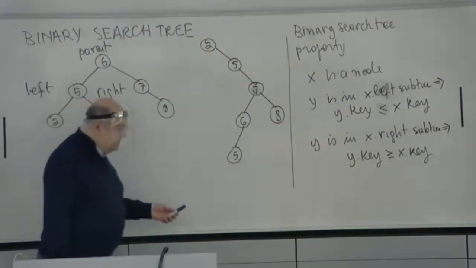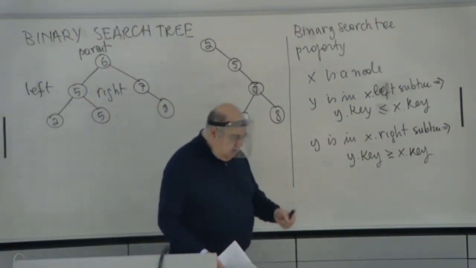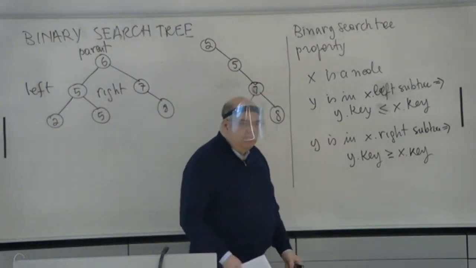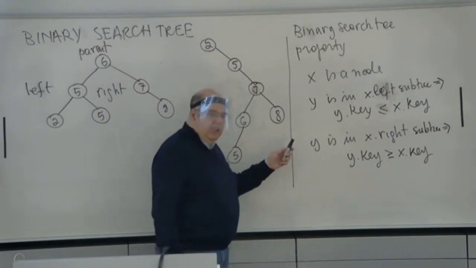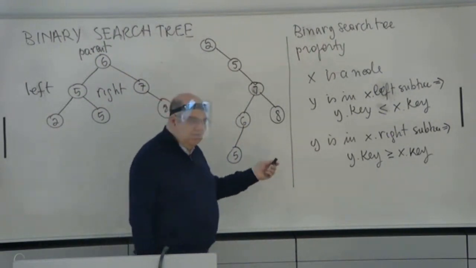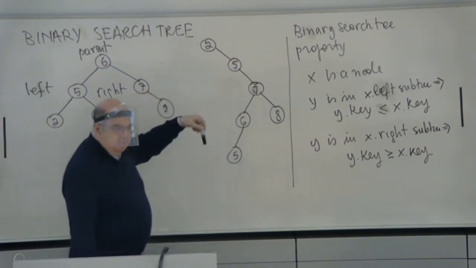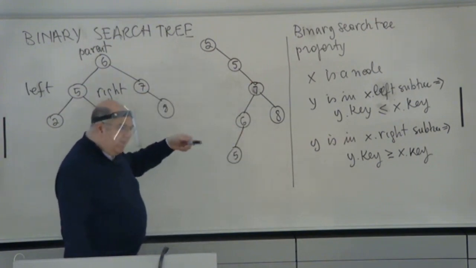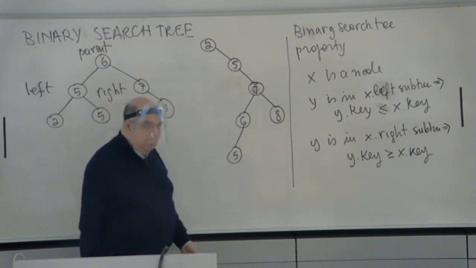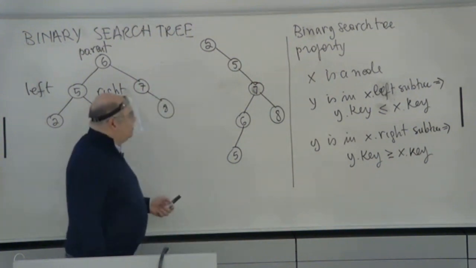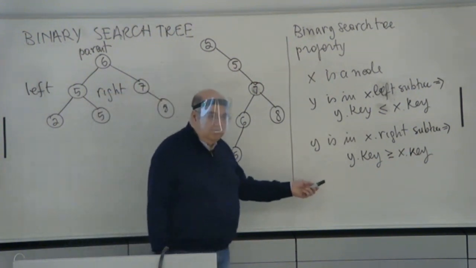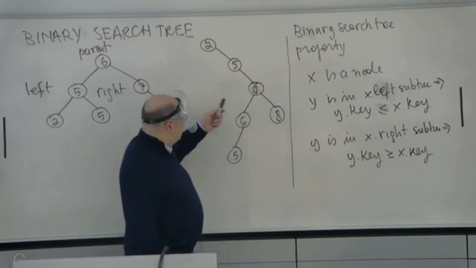Essentially, what we see later on is that most of the algorithms that we are going to use here actually go through the tree, and they start from the top and they go down. And they are measured by the height of the tree.